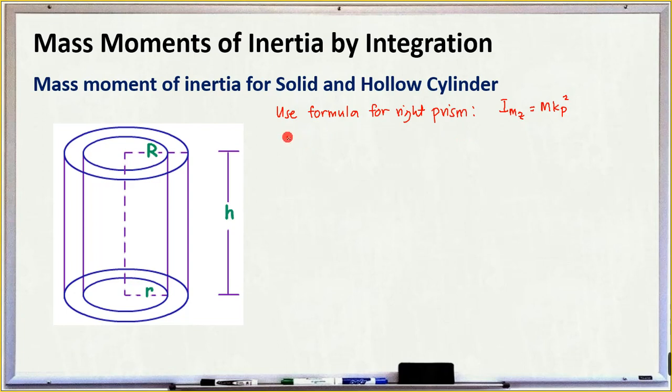So here, we're going to solve for the moment of inertia. So again, this is our axis of inertia. This is also known as the z-axis. So we have the mass moment of inertia of the hollow cylinder along z. So I_hcz is equal to, again, the mass of the hollow cylinder.